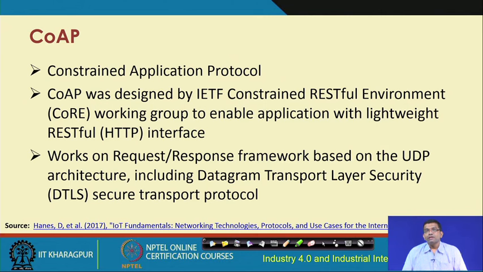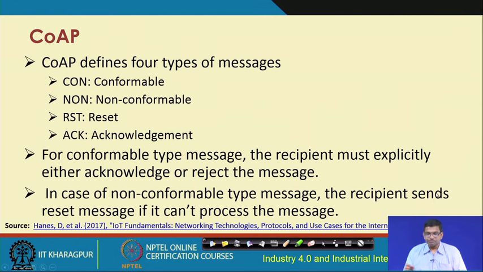It is a RESTful service which is the equivalent of HTTP. So, instead of HTTP you run CoAP. CoAP works on top of UDP in the transport layer. There is a protocol called Datagram Transport Layer Security, used for securing the transport layer, and it is used along with CoAP.